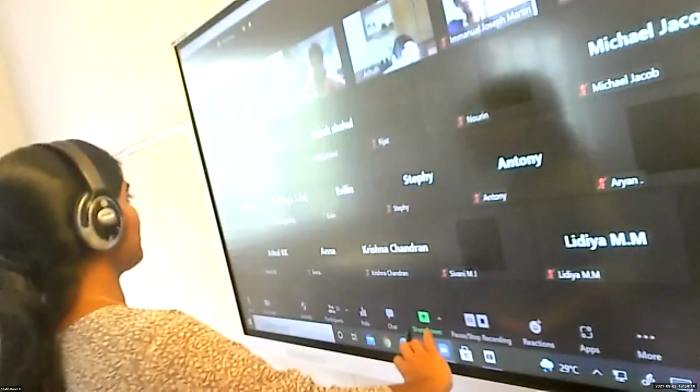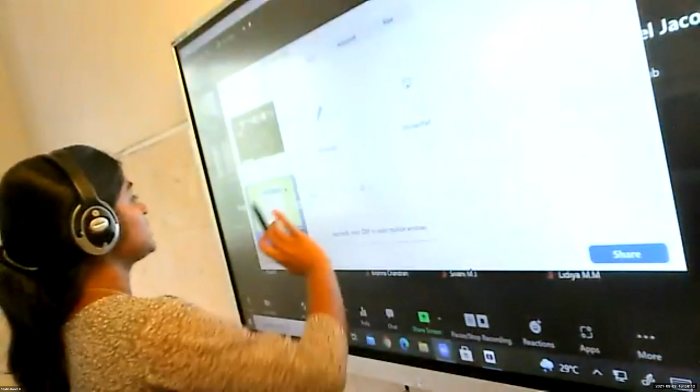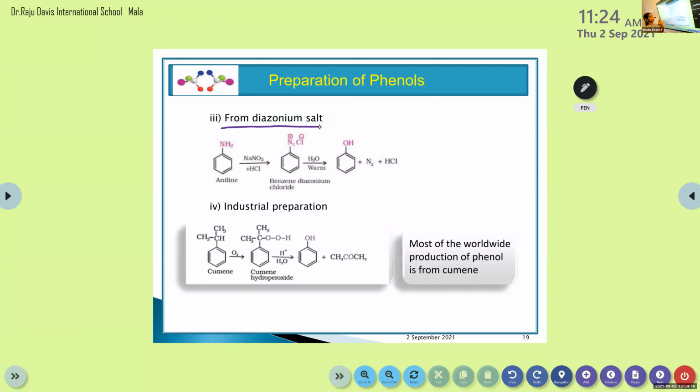Okay. That's the preparation of haloarenes, right? It's also from amines. So here also it's from diazonium salt. So the first method is to prepare diazonium salt. Then again it is converted to phenol. So for preparing this diazonium salt, we take aniline. It's the primary aromatic amine.